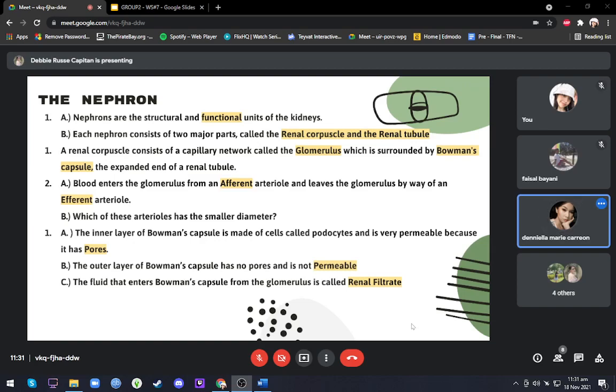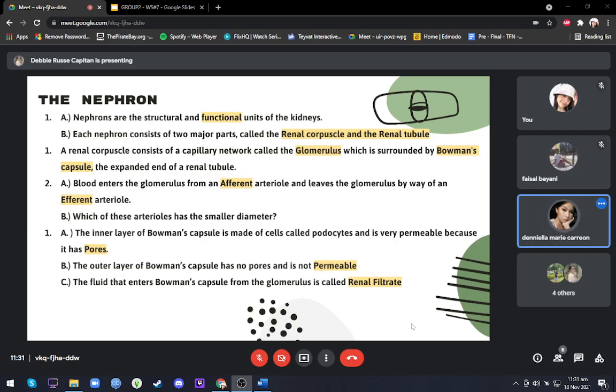Number 3, letter A, blood enters the glomerulus from an afferent arteriole and leaves the glomerulus by way of an efferent arteriole. Letter B, which of these arterioles has the smallest diameter?